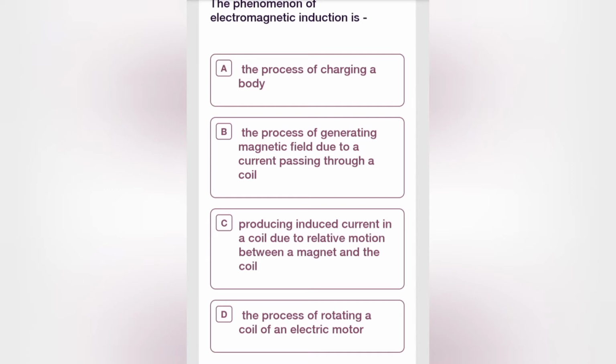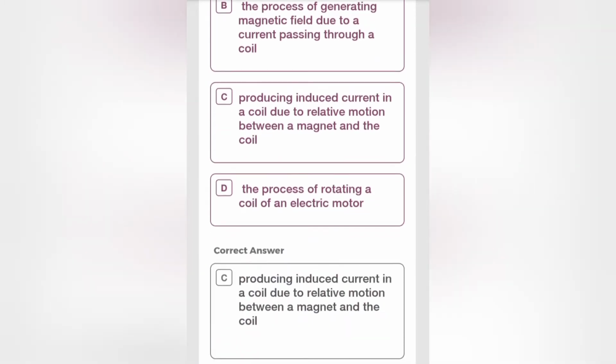So option D is also not correct. Option C is the correct answer. Producing induced current in a coil due to relative motion between the magnet and the coil. See, when we keep the coil stationary and we move the magnet into the coil, EMF will be induced. So option C is the correct answer.